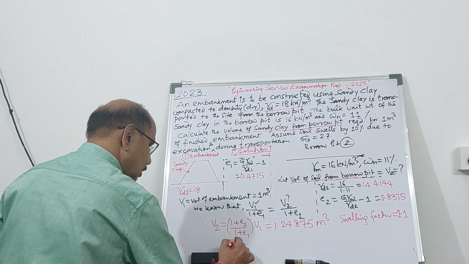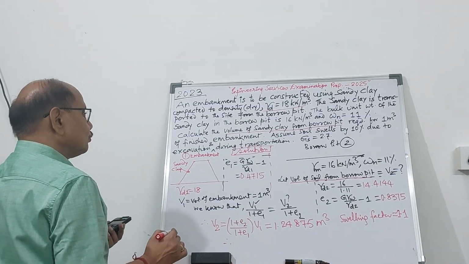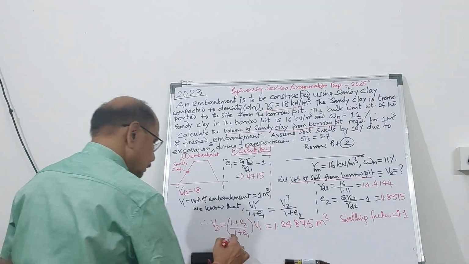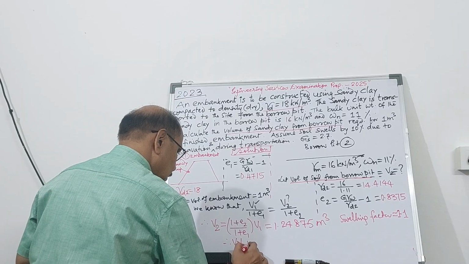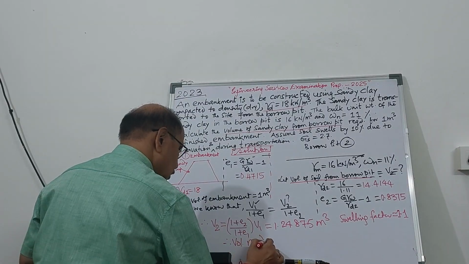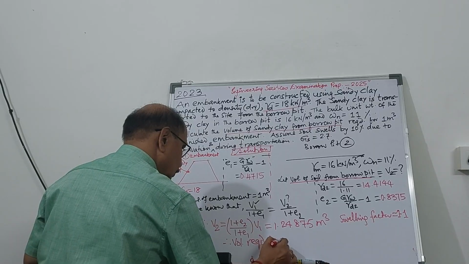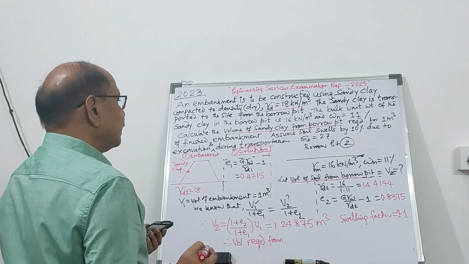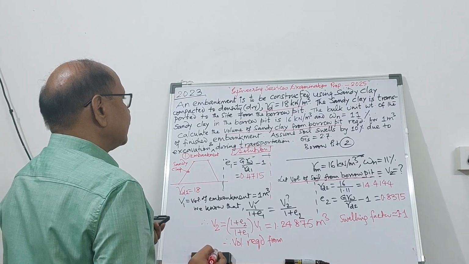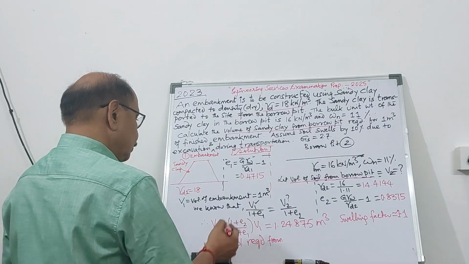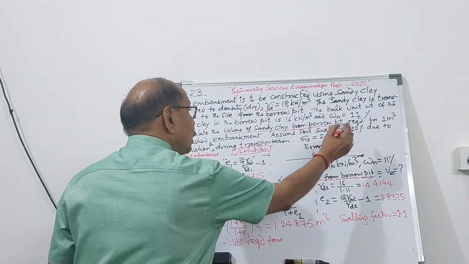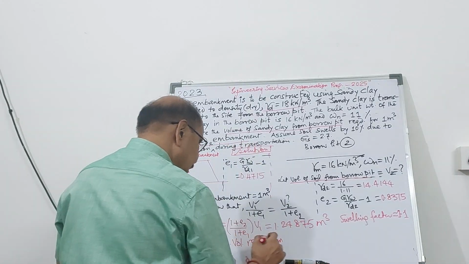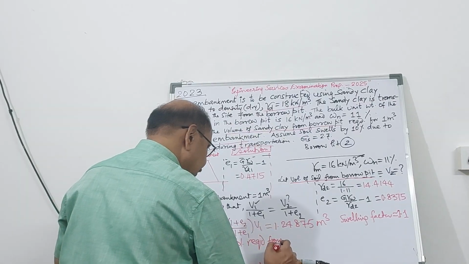Therefore, the volume required for this embankment, that is for 1 meter cube of finished embankment, will be swelling factor multiplied by V2.